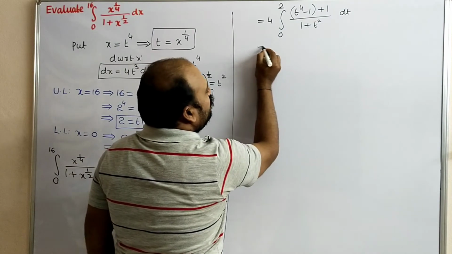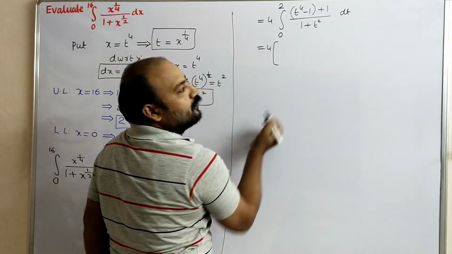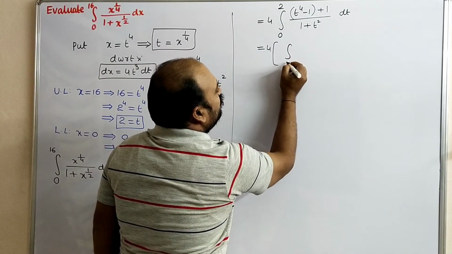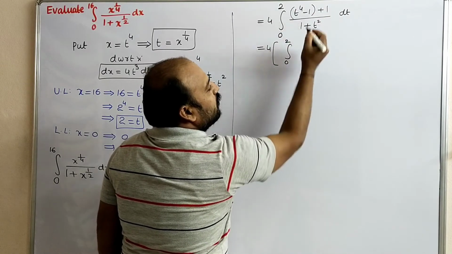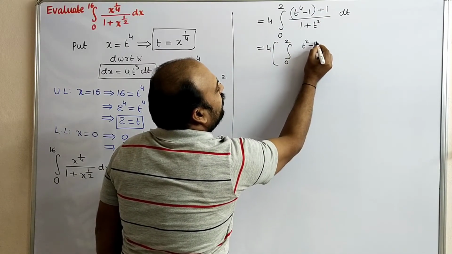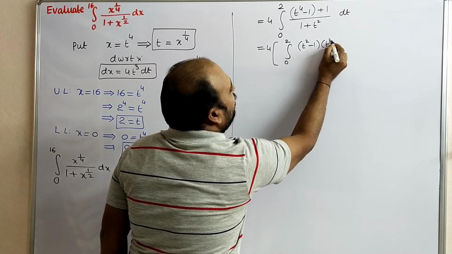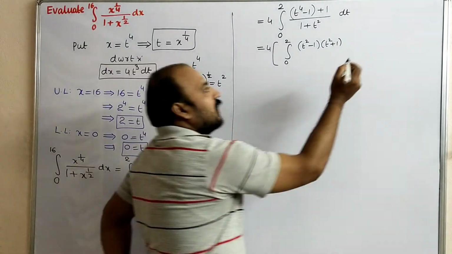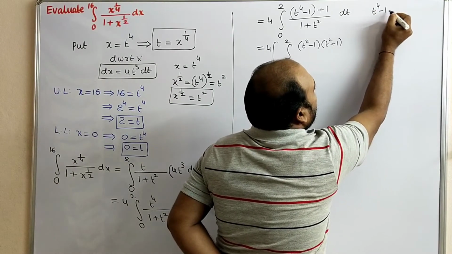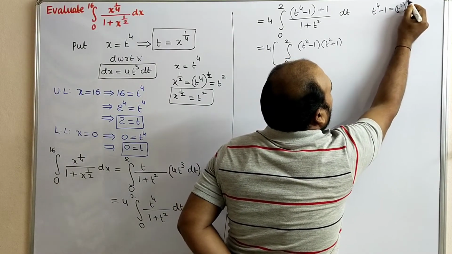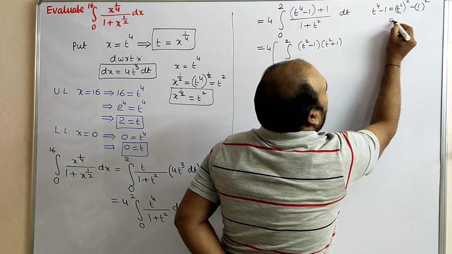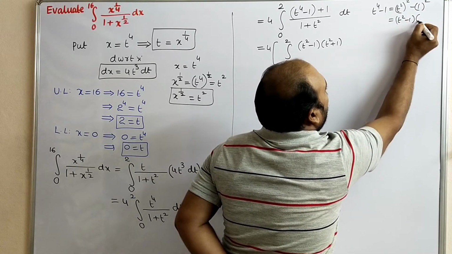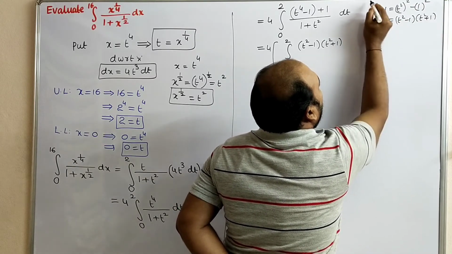After the split into two integrals, t power 4 minus 1 can be written as t square whole square minus 1 square. So we can write it as t square minus 1 into t square plus 1.